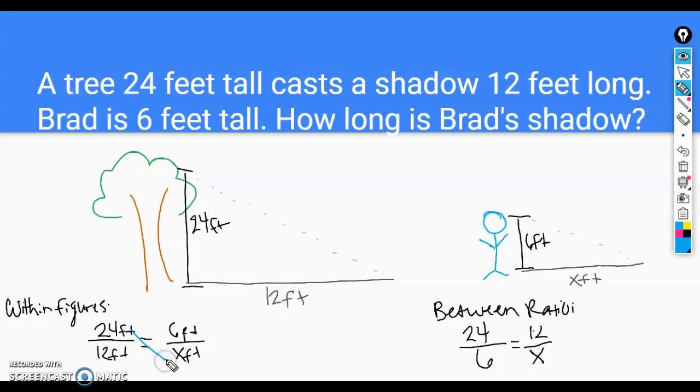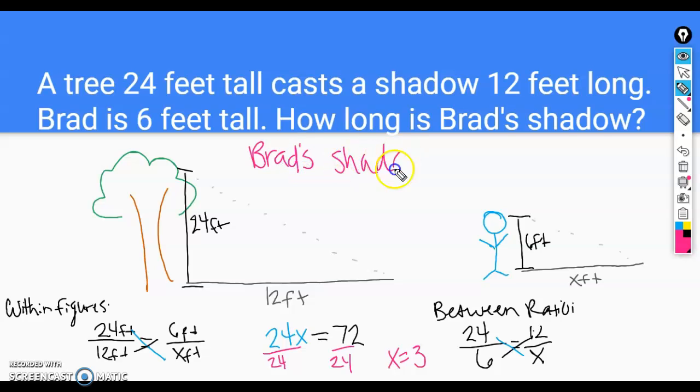So 24 times X is 24X, and that's going to equal 12 times 6, which is 72. And that's the same no matter which ratio you do. Then we're going to divide using our Algebra 1 skills on both sides. And 72 divided by 24 is 3. So X equals 3. And then we're going to write that as an answer statement. Brad's shadow is 3 feet.